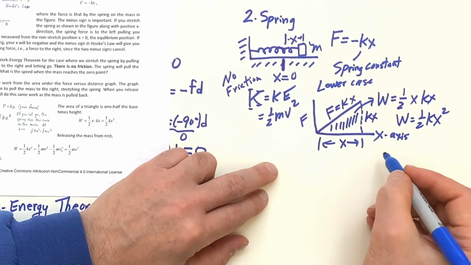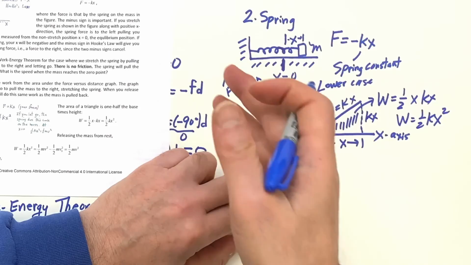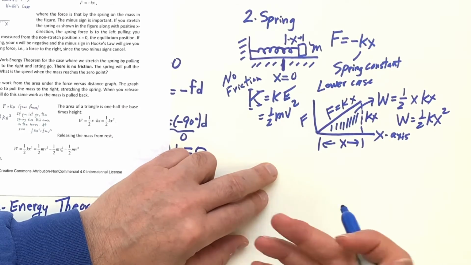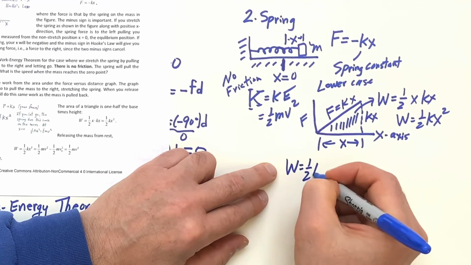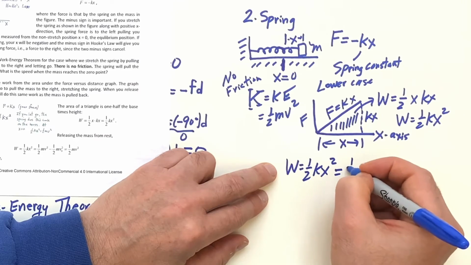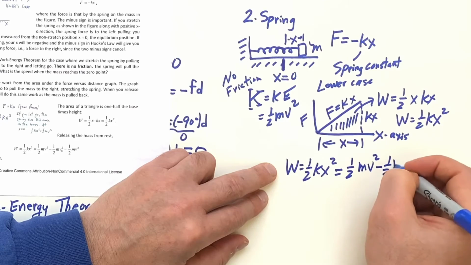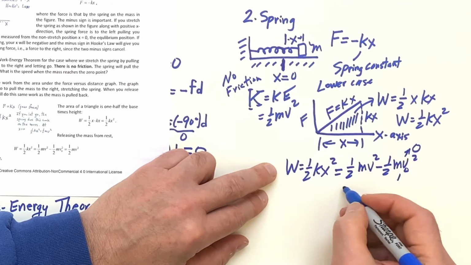Now if I want to use the work-energy theorem, I'm going to let this go and have the spring do the work coming back. I'm going to have 1/2 kx squared equals 1/2 mv squared minus 1/2 mv naught squared. Since I'm letting this go from rest, that's 0.